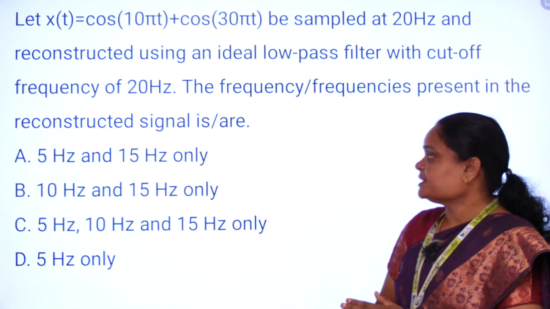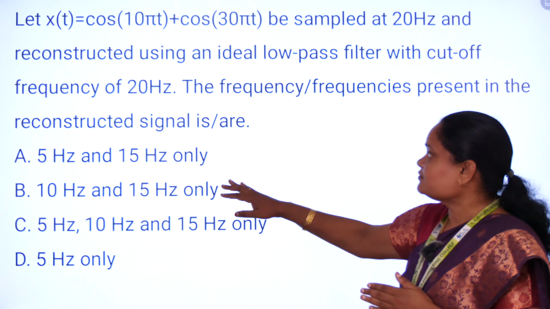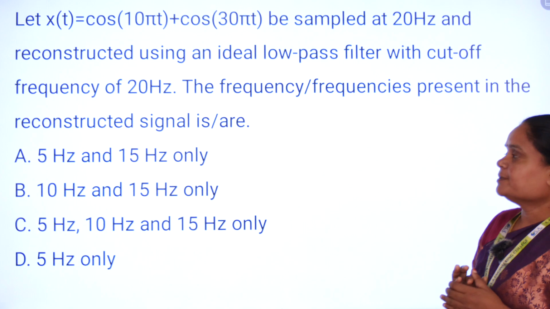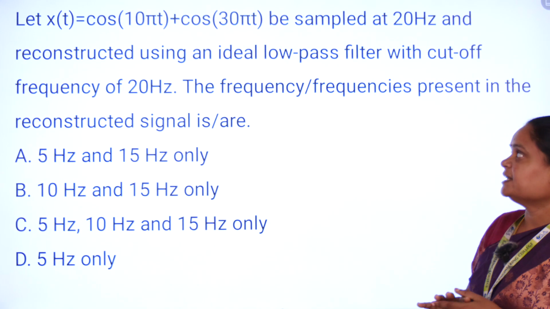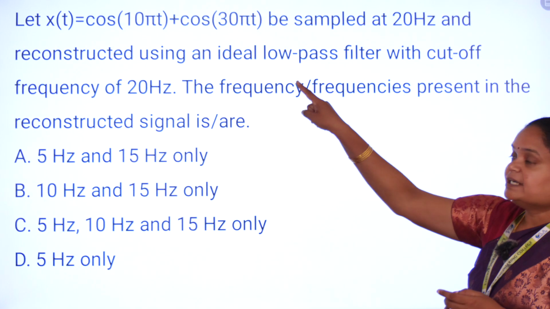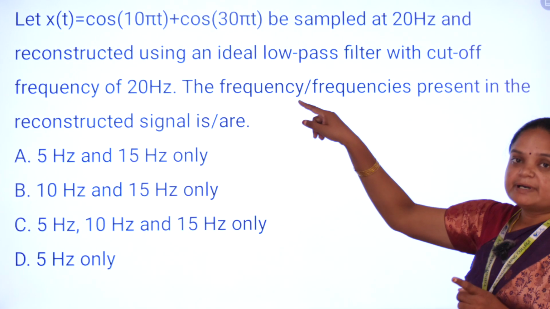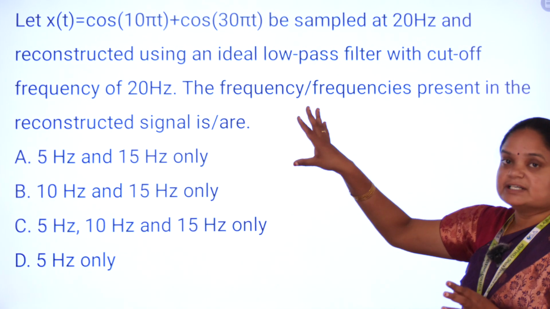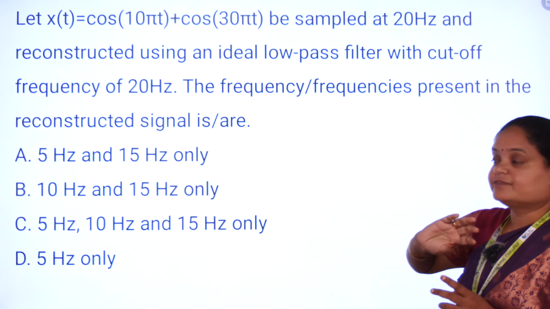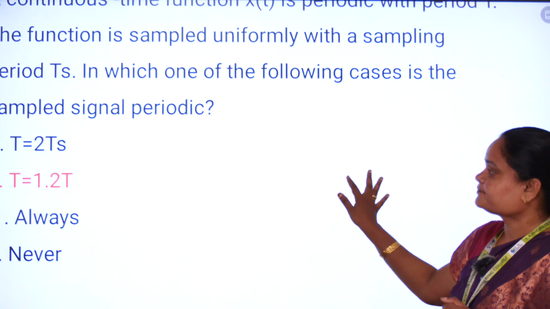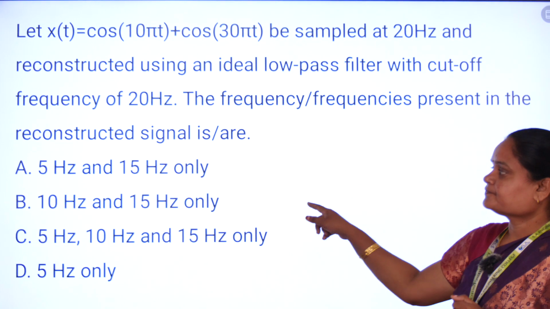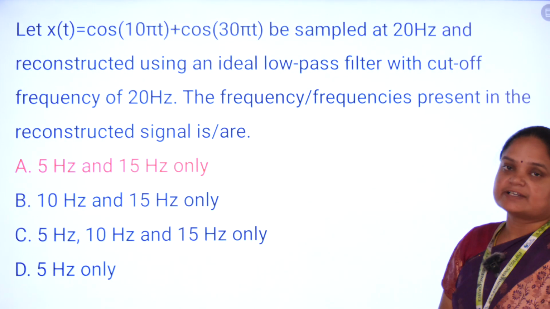So 10 pi t and 30 pi t: 10 pi by 2 pi is 5 hertz, and 30 pi by 2 pi is 15 hertz. So the answer is 5 hertz and 15 hertz only.